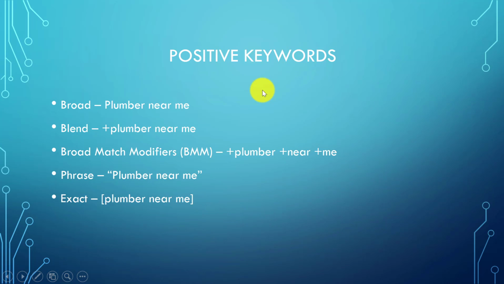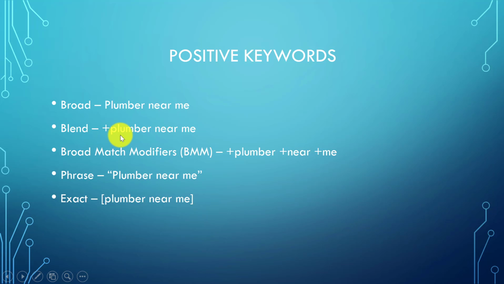So positive keywords, you can just say keywords in this sense. There's 5 different variants. There's broad, there's a blend, a broad match modifier, phrase, and exact. Now, a broad would be just plumber near me, for example. So this is how you would put this in your Google campaign, your AdWords campaign.